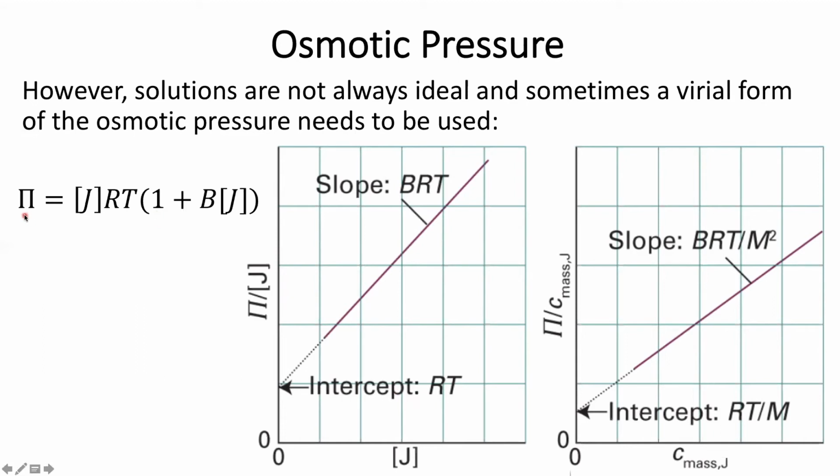So what we can do is say that our osmotic pressure is going to be related to our base form, and then we're essentially going to expand about the concentration of the system, because I know at very low concentrations, everybody should behave ideally. It's not until I get to higher concentrations that I have to worry about the intermolecular forces between my solute and my solvent.